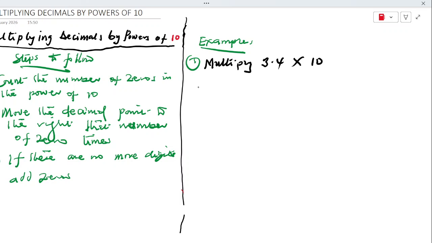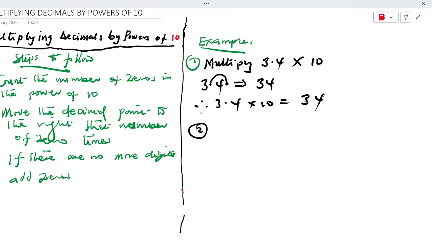All right, so the first step is to what? 10 has 1 zero. So you should put that at the back of your mind. So move the decimal place to the right 1 time. So we have 3.4. Then you move the decimal place 1 time to the right. So the decimal place is now here, giving you what? 34. So therefore, 3.4 times 10 is equal to what? 34.